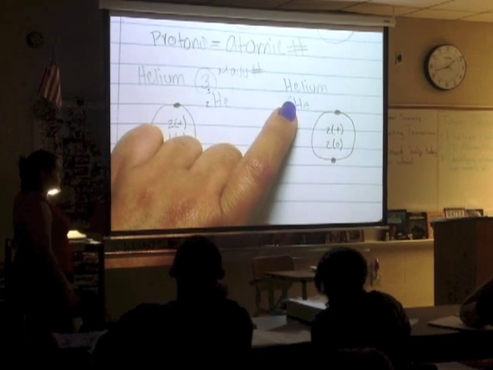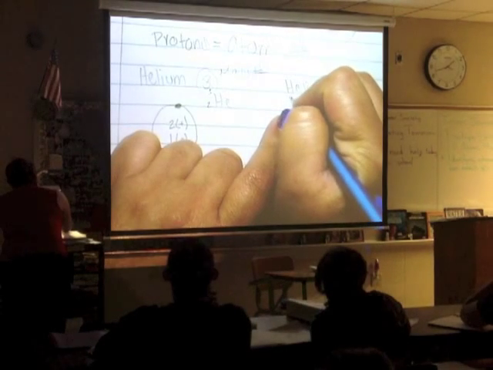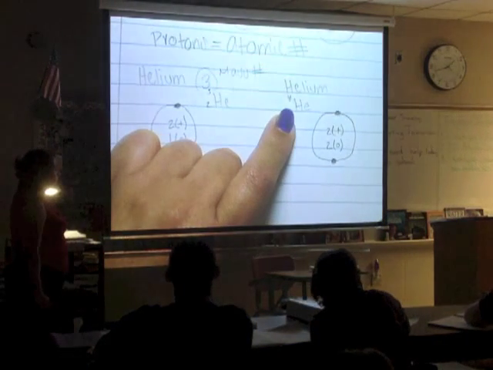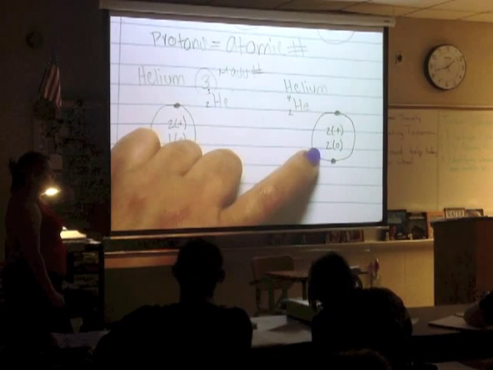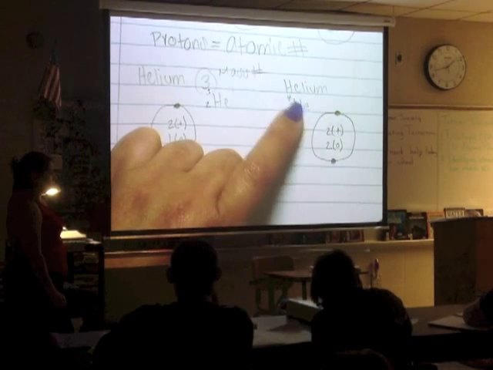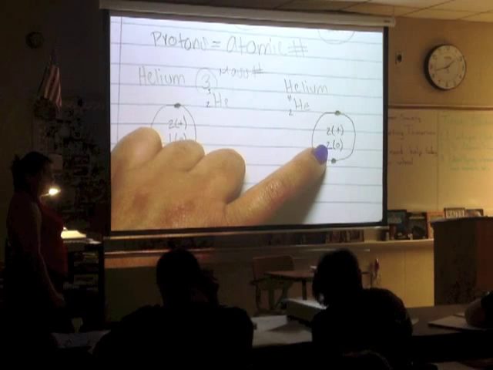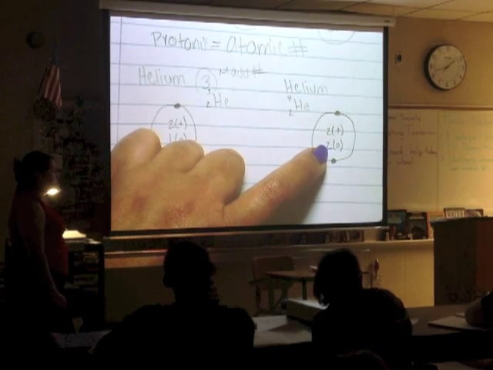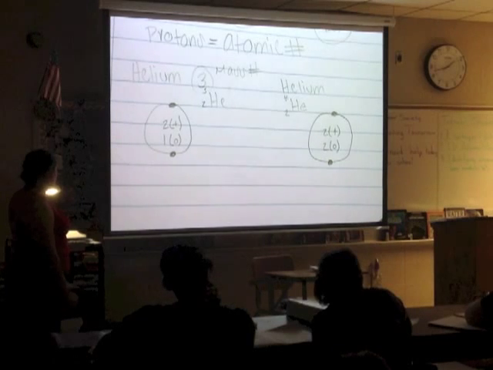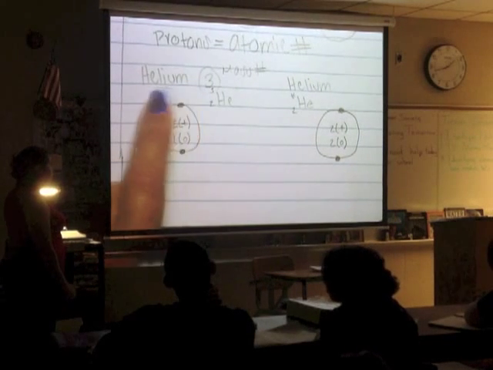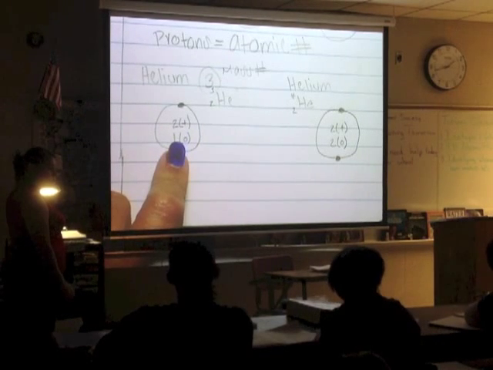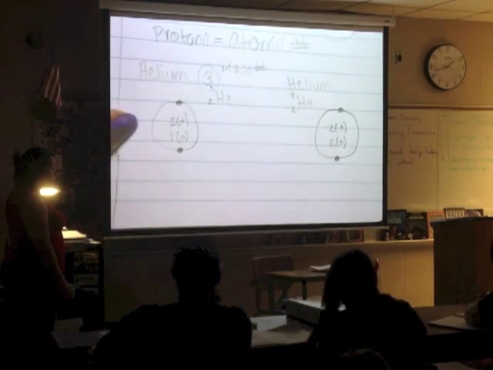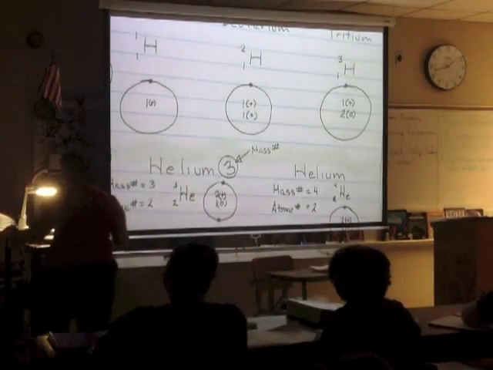So what is the mass number? And then that would give her 2 protons, 2 electrons, and 2 neutrons. Is that correct? Yeah. So when I write helium-3, you're supposed to write the isotope notation and draw the picture. Any questions over that? Alright, so we're going to practice that again.